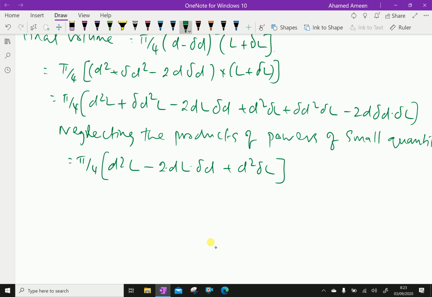Now change in volume. We have final volume minus original volume.